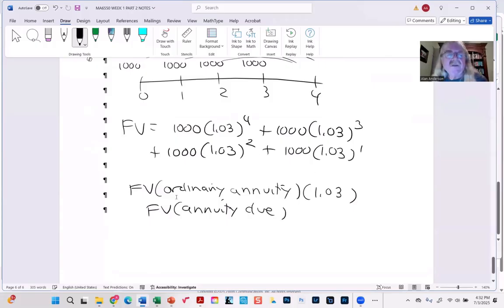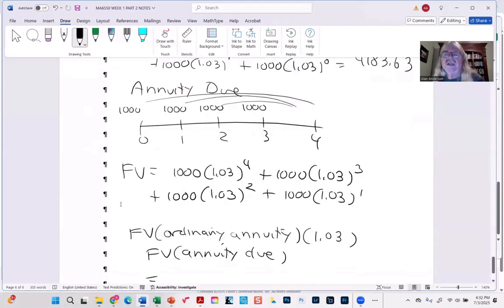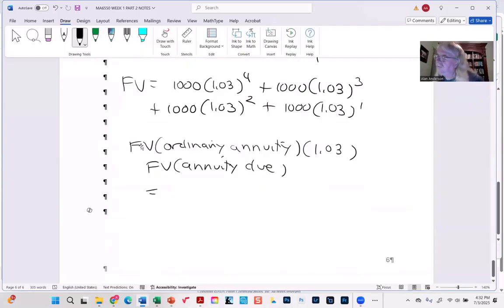So we don't have to go through the steps again. All we have to do is take our previous result, which is 4183.63, multiply it by 1.03, the rate of interest, and that's going to give me 4309.14.